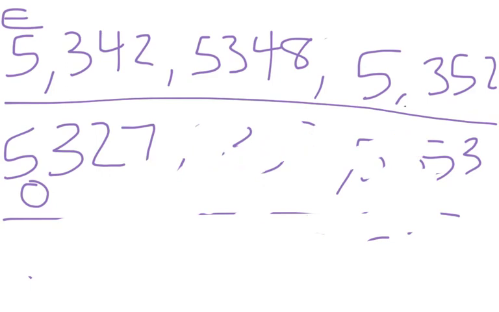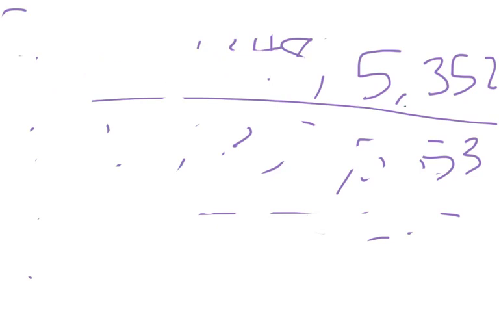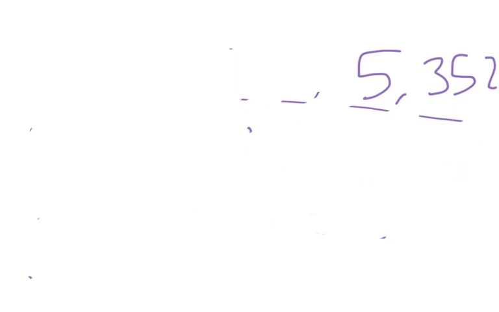So let's move on to our last example, and this is again going to be ordered from least to greatest and in a sorting pattern of evens and odds. So now we're combining what we learned again, just like the last one, I'm just erasing everything. We're combining what we learned last lesson and this lesson of sorting evens and odds, and by ordering numbers in the thousands place, hundreds, tens, and ones.